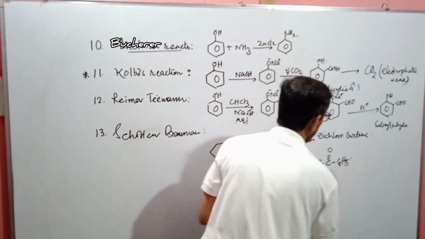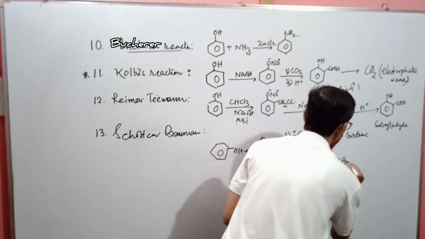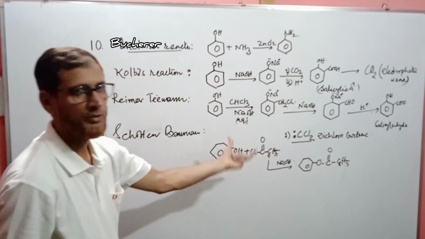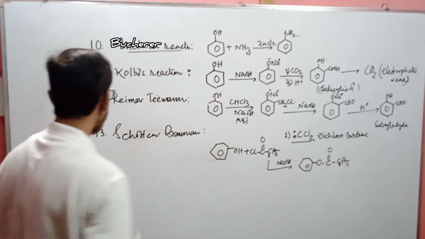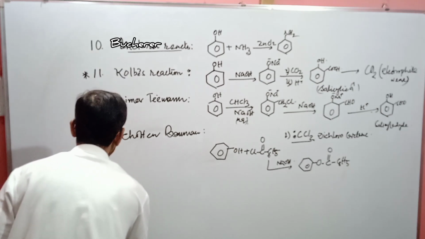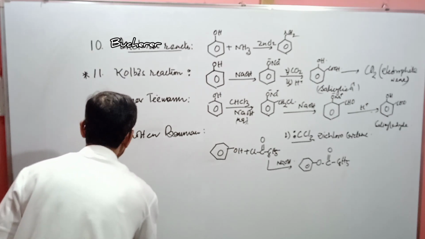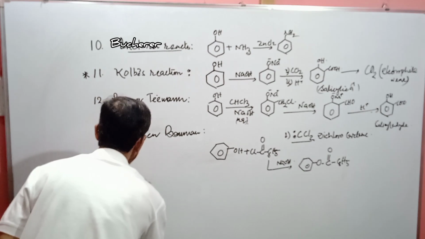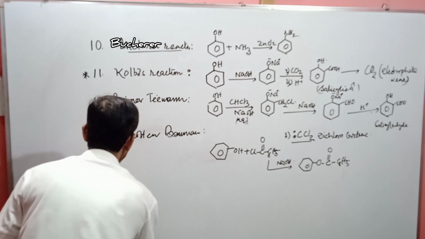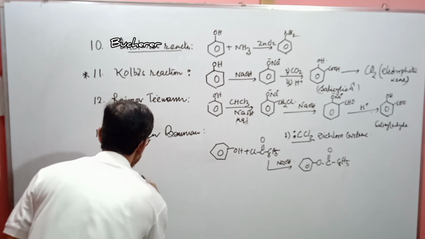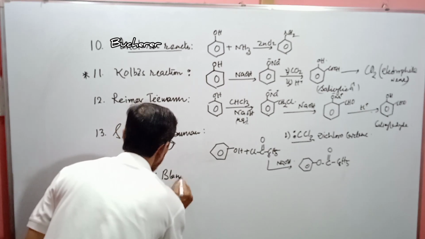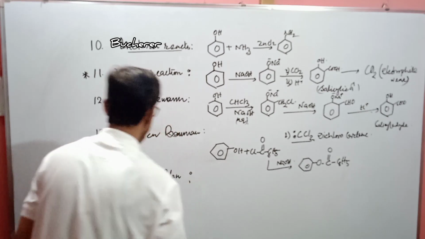Very often in the entrance exam this question is asked. The reaction is given, and you are asked what is the name of this reaction. Schotten-Baumann reaction. And the next one is Bouveault-Blanc reaction.